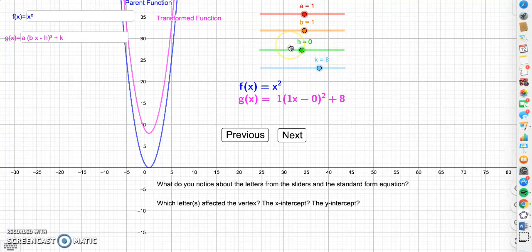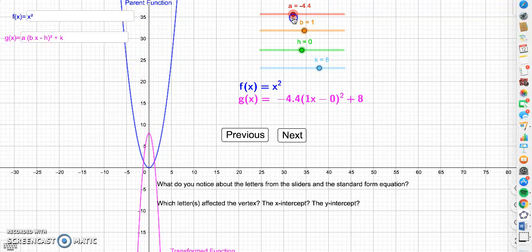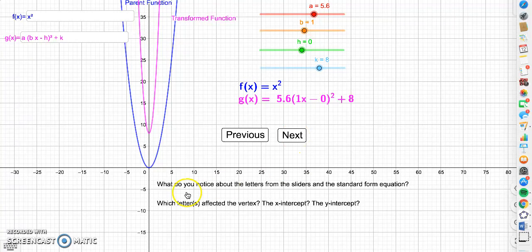So they need to know where A, B, H, and K are in the equation, and that the same transformations apply as they input a number for that letter. And then I want them to discover which letters from A, B, H, and K affect the vertex, the x-intercept, and the y-intercept, and so forth.